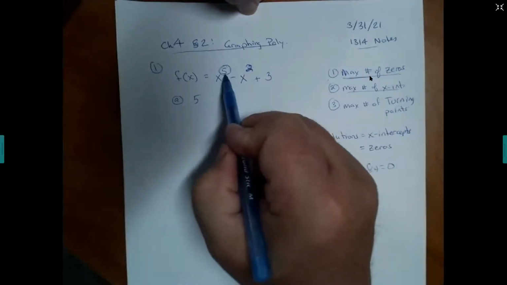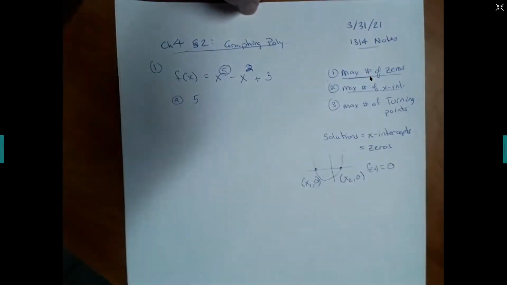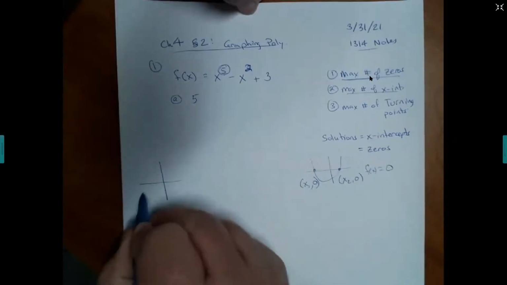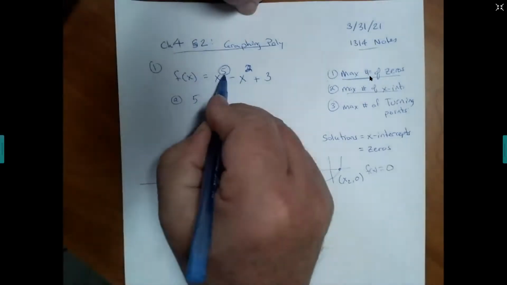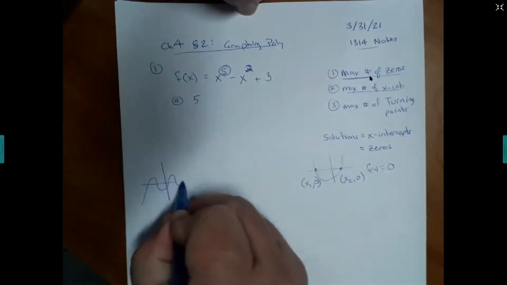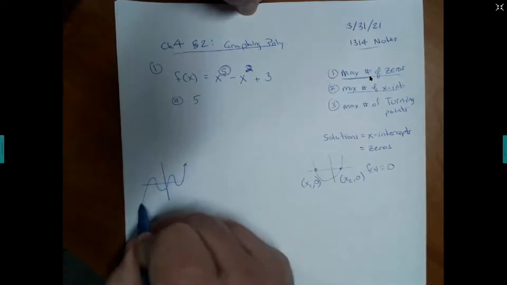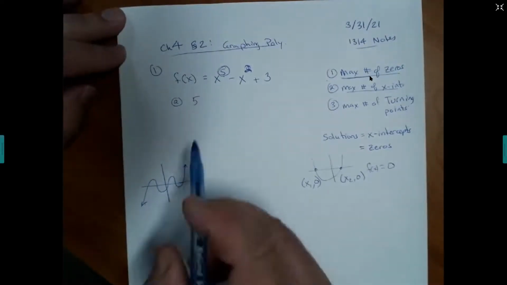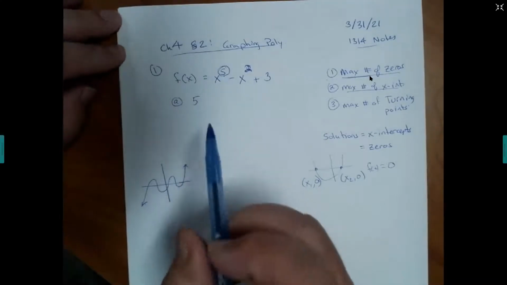Doesn't this mean there's 5 zeros? No, because since it's an odd exponent, both ends of our graph point in different directions.